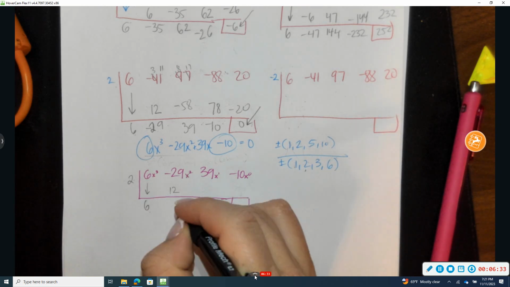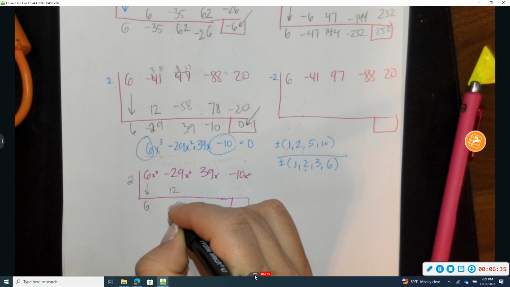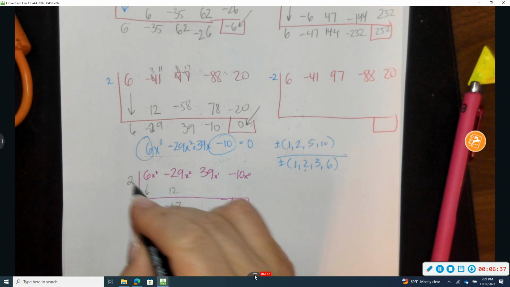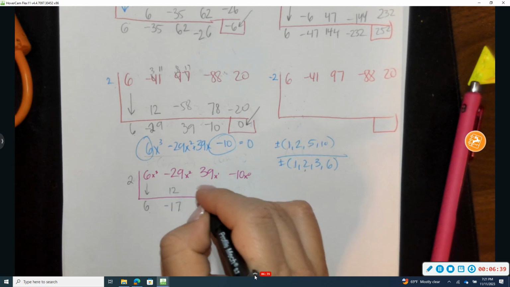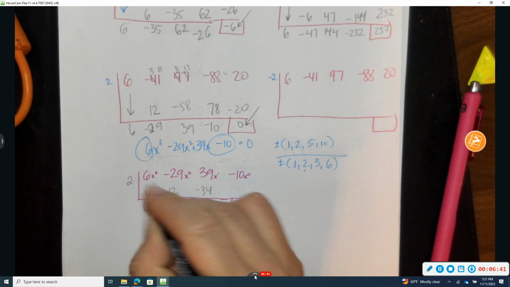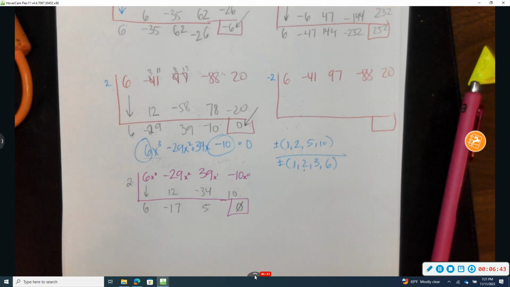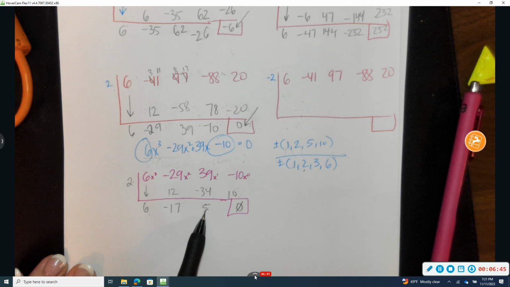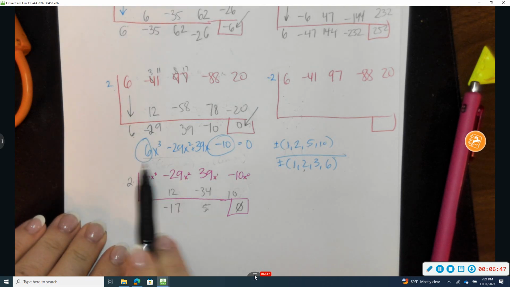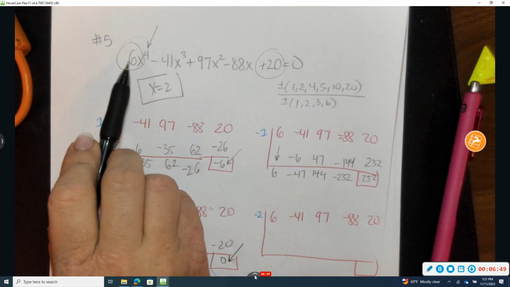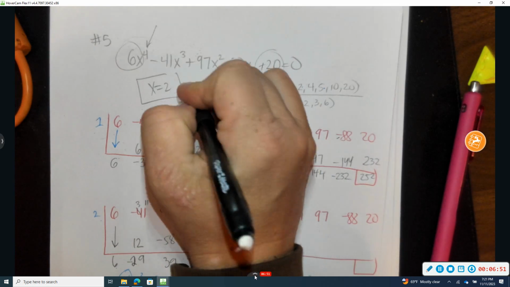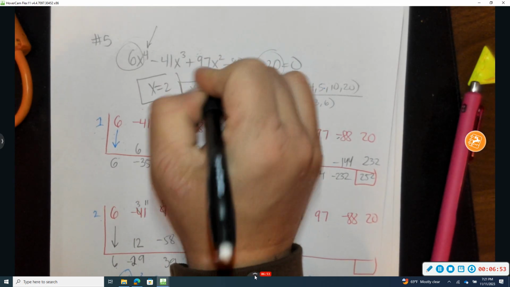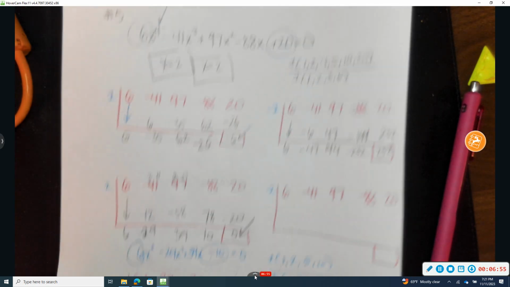Now when I combine, the different signs subtract, so I get a negative 17. Okay, got it. I'm going to multiply to get negative 34, combine to get 5, multiply to get 10. Ooh, 2 works again. So 2 worked for this equation, and 2 worked for this equation. So of the 4, I have 2 of the 4 solutions are x equals 2.